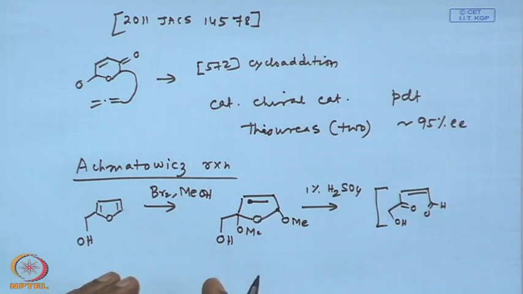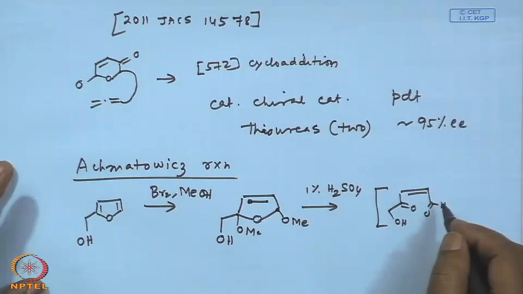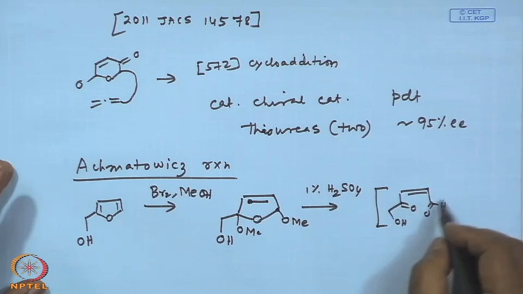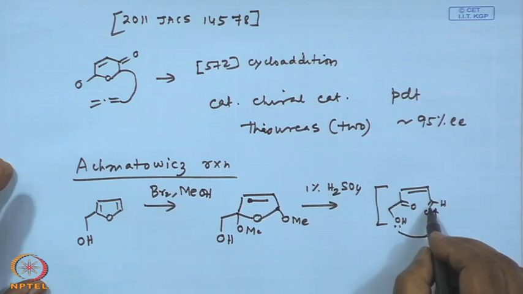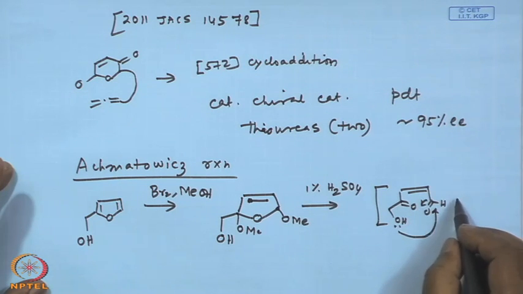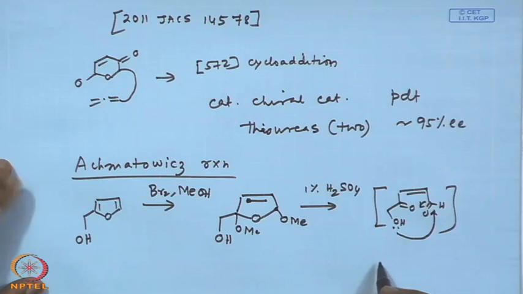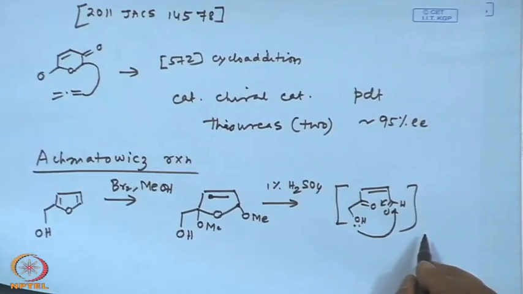When they hydrolyze, they form the corresponding ketones, but because of the stability it recyclizes. That means this alcohol cyclizes to this one, and eventually what you get is very easy access to these pyrone systems, that means the precursors of the pyrylium ions.